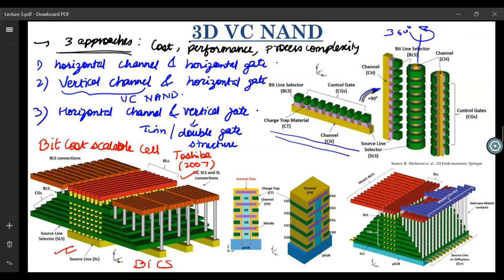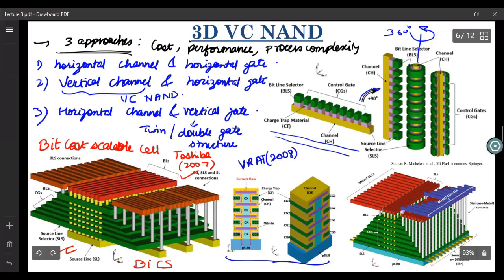So in 2008, it came with a structure known as VRAT. Samsung came up with VRAT in 2008. Then it modified its VRAT structure and came up with something called ZVRAT, and then something called VSAT, also in 2008.